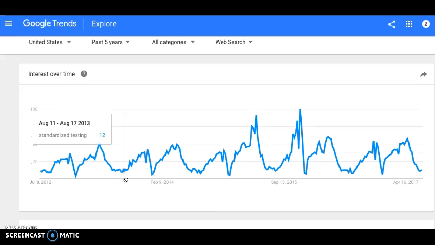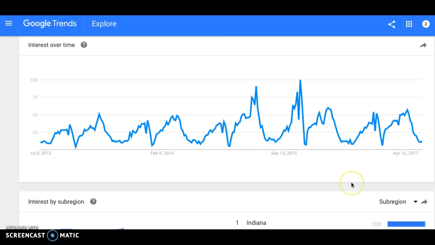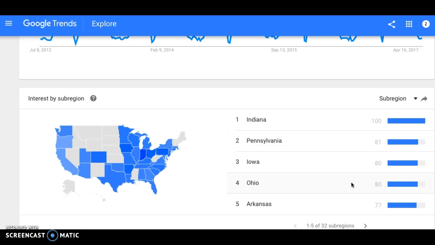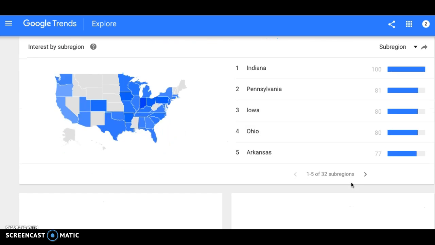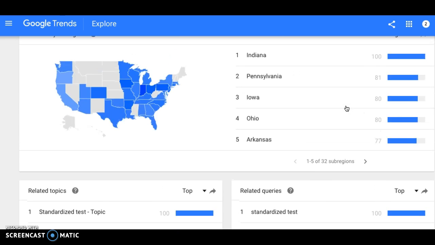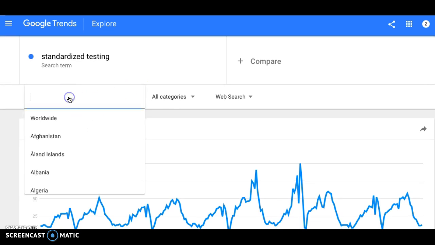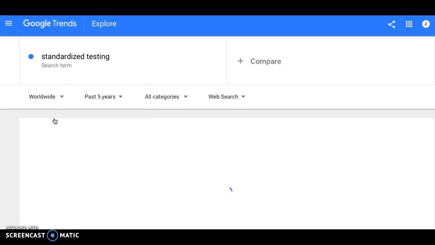And so we'll see the interest over the past 5 years and where it has peaked and where it has dropped. And here we can see subregions again for the United States and how interested different states were in standardized testing. Pennsylvania is pretty high there. Indiana is very high. But let's say I want to see for the whole world.